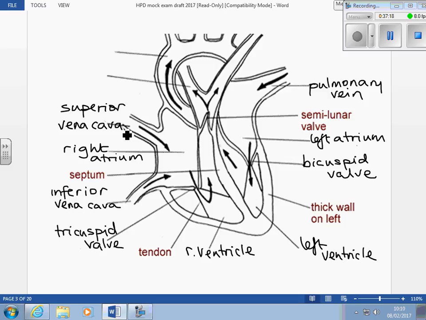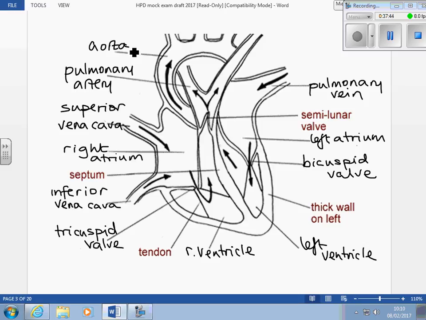I've not seen one that divides quite like that on a diagram before. So pulmonary artery, and up at the top we have the aorta. Yay, that's that lot identified. Quite a lot to catch on there.